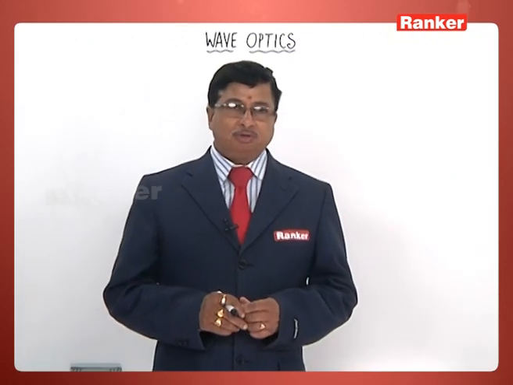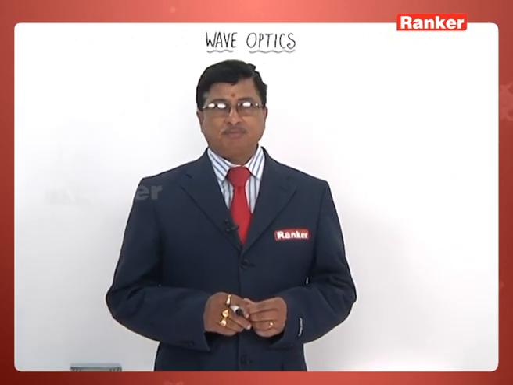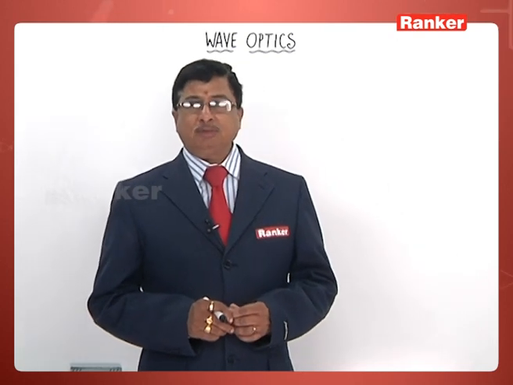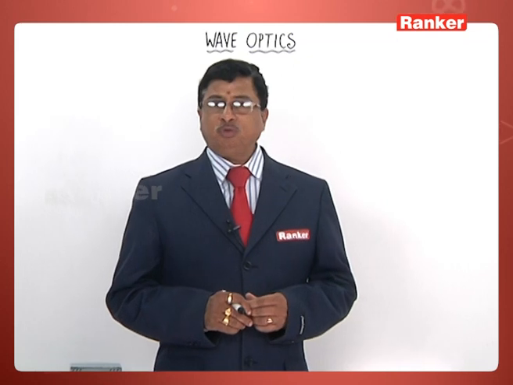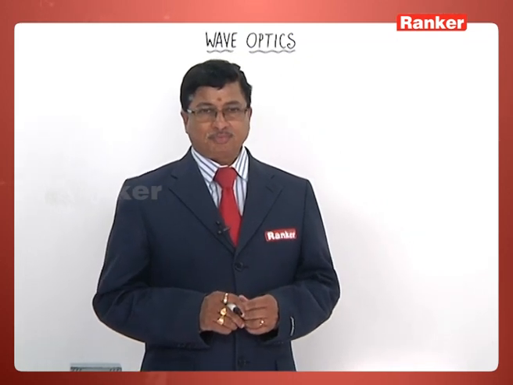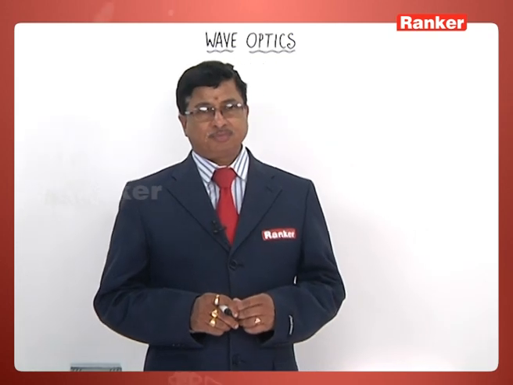We are discussing the concepts of wave optics for JEE. We know optics is mainly taken in two parts. One is geometrical optics and the other is physical optics, or wave optics.